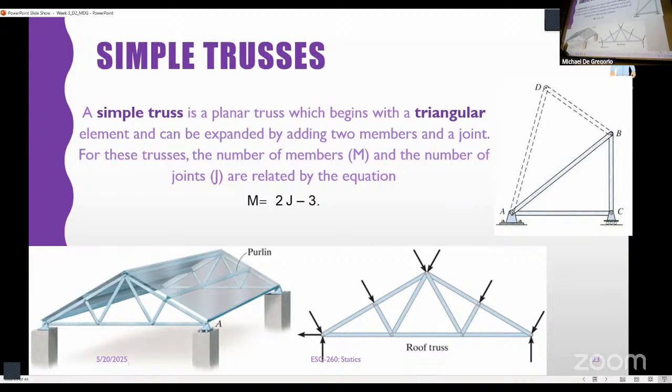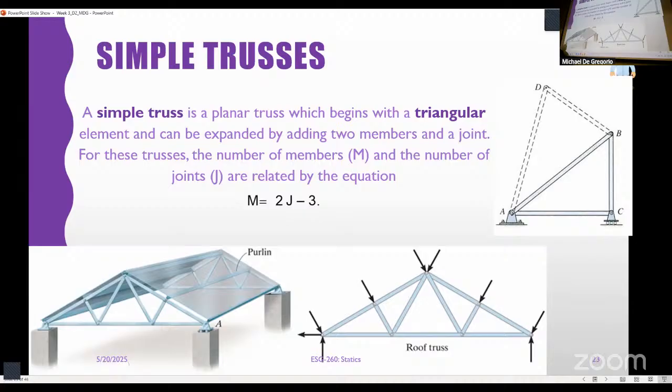So if I have 2 joints, I only have 1 member, it's not a truss. All right, so look, this has 3 joints, 3 members.